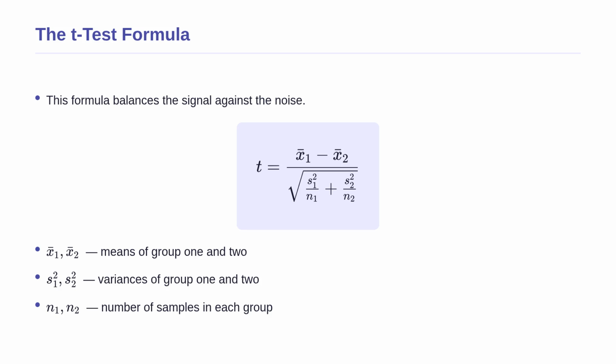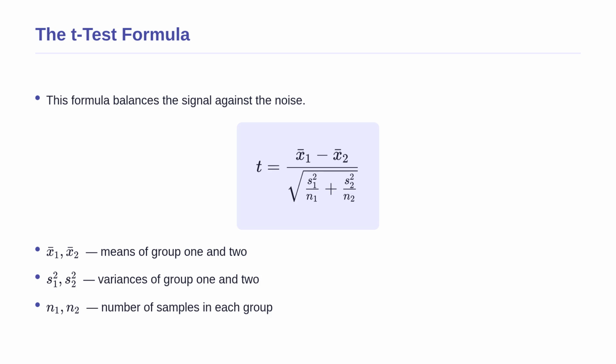Now that we see how vital this tool is, let us look at the mathematics behind it. This is the formula for the independent two-sample t-test. Conceptually, it is just a ratio of the signal we care about divided by the background noise. Let us break down the symbols. The variables x bar 1 and x bar 2 represent the means, or averages, of our two groups.